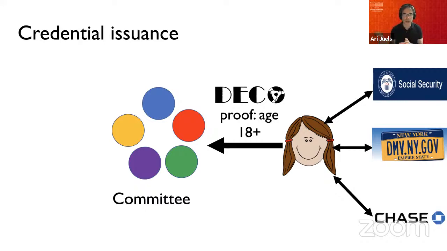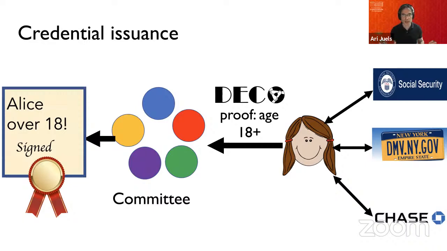She doesn't present all the data she receives directly. She just proves in zero knowledge that the data she receives from these authoritative sites supports her claim. And the committee, if these zero knowledge proofs check out, can jointly construct, jointly sign using threshold signature or individual signatures, a decentralized identity document on behalf of the user.